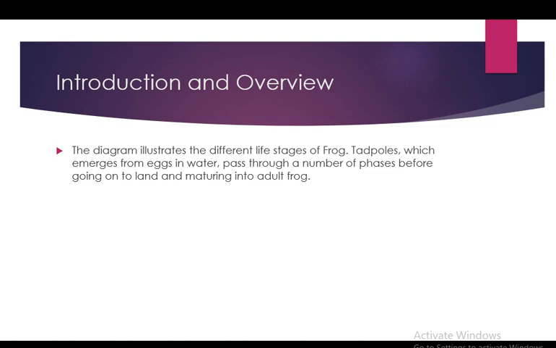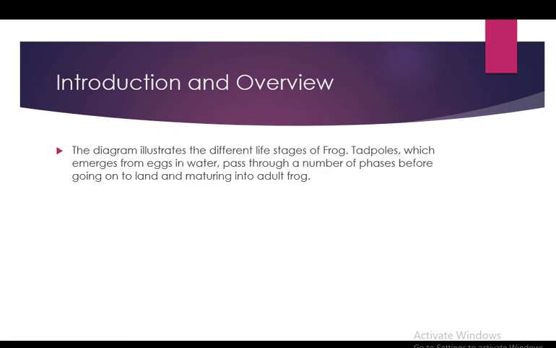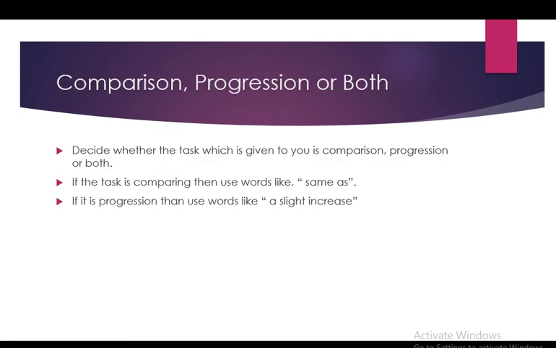Tadpoles, which emerge from eggs in water, pass through a number of phases before going onto land and maturing into an adult frog. So in these 3 lines I give an overview of this whole picture, like what the task is about. This is the main theme of the task.